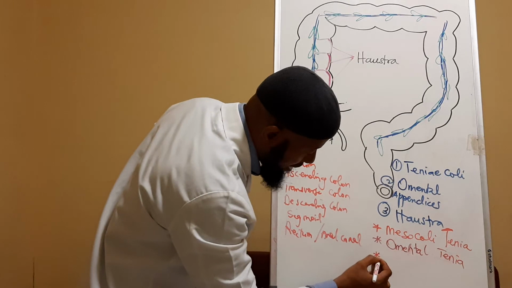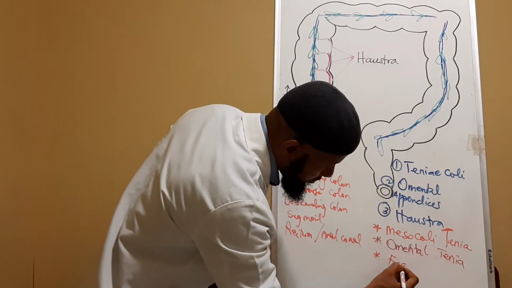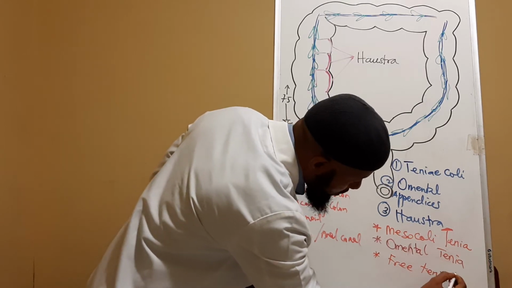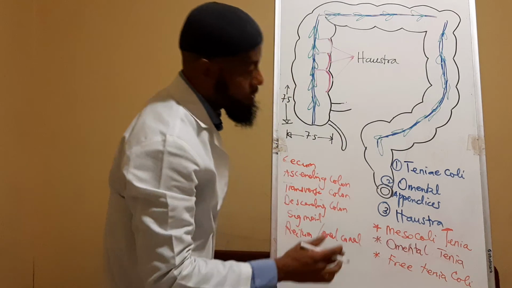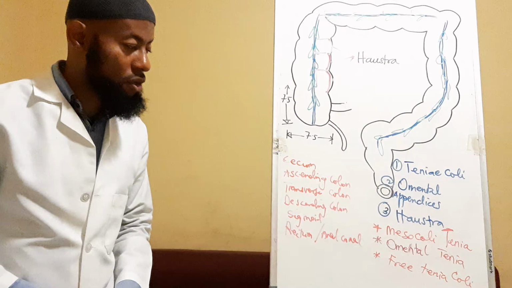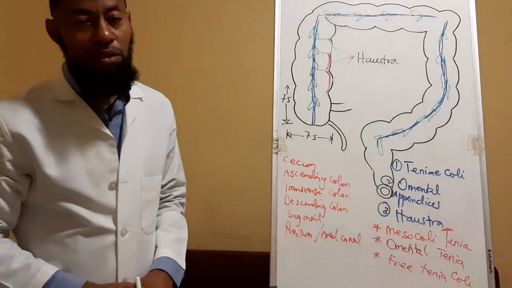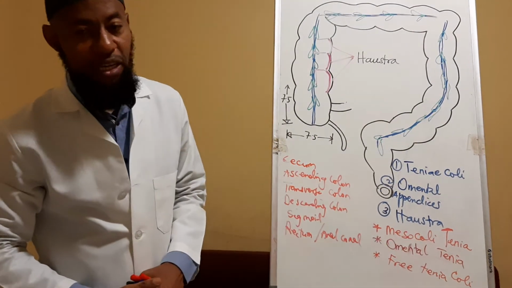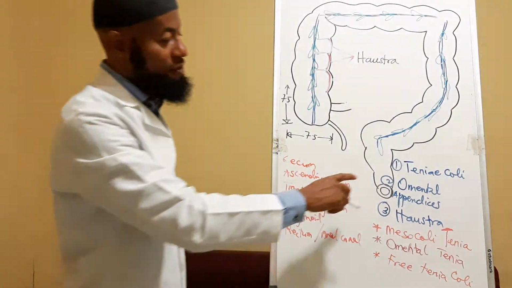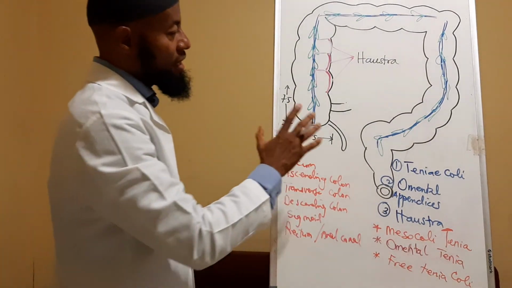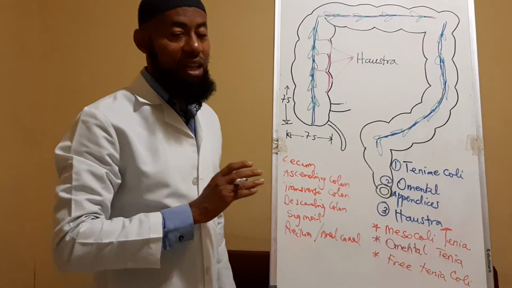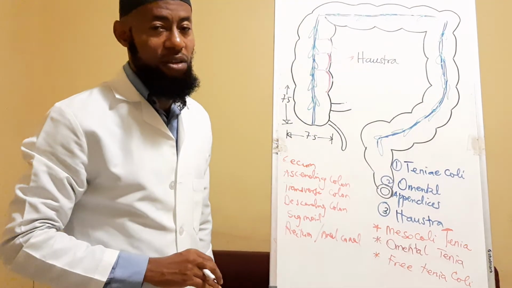And then finally we have the free taenia coli. So these are parts of the taenia coli that neither the mesocolic taenia nor the omental taenia attaches to. So those are the 3 types of taenia coli. Now these are distinguishing features that you find on the large intestine that you don't see in the small intestine.